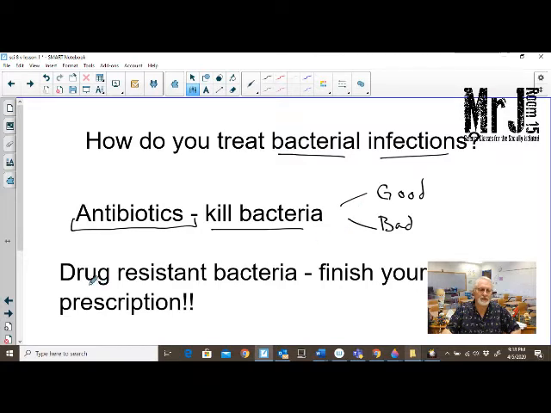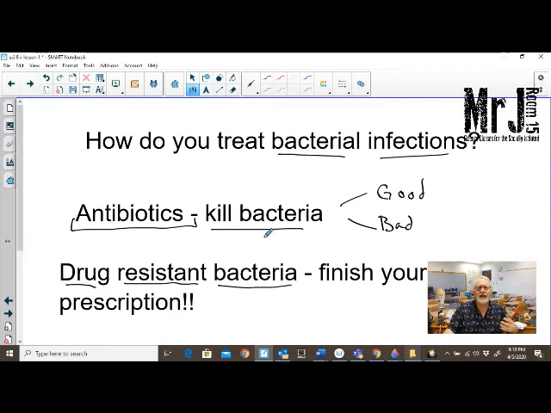Now, there's a problem with bacteria as well. Over the years, this is becoming more and more prevalent. We have what are called drug-resistant bacteria. We have bacteria that are now resistant to the antibiotics that we've got. It's sort of like shooting at a bacteria and ping, the antibiotic bounces off of them.